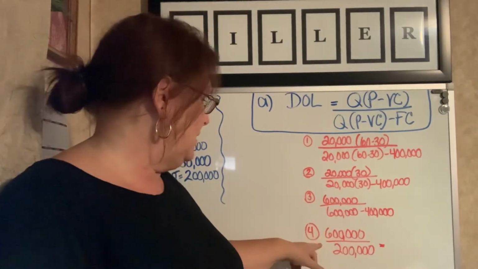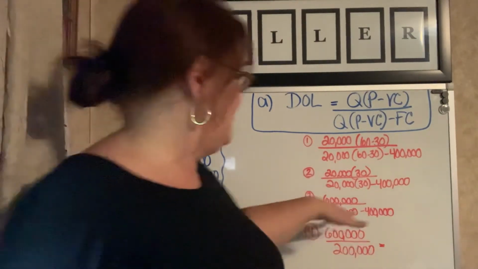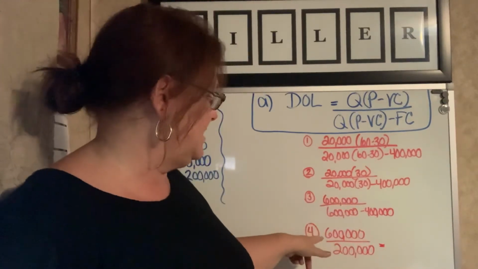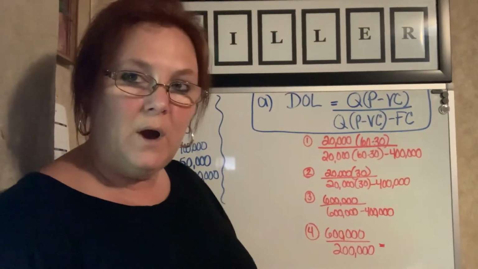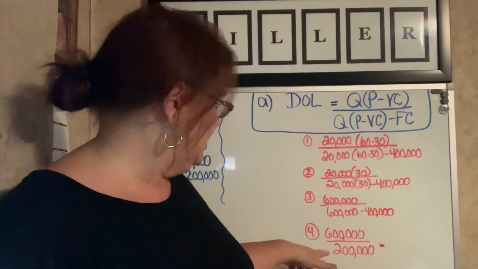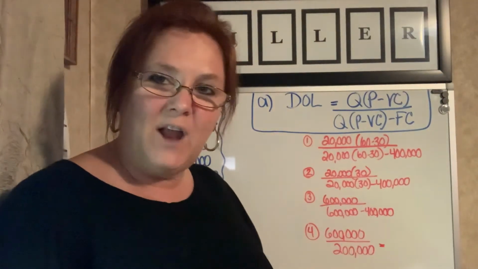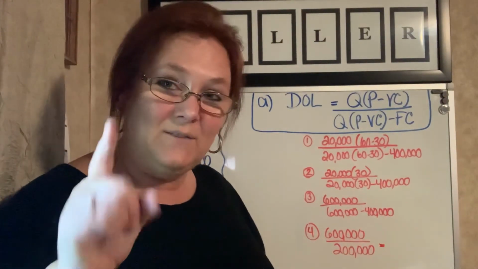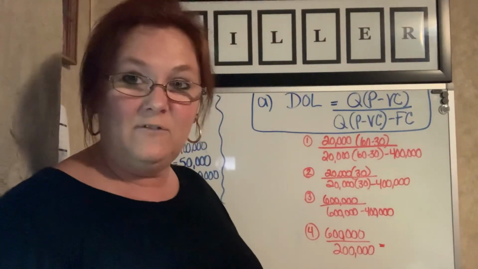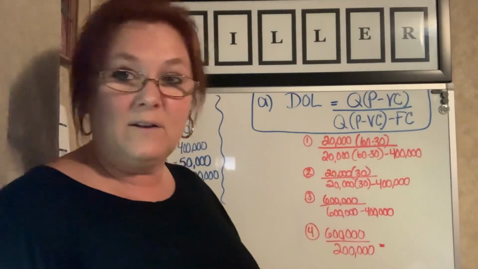And then the last one here, after we've done the subtraction, we're left with 600,000 over 200,000. This is a simple division. Even those not so math friendly, you don't need a calculator for this.